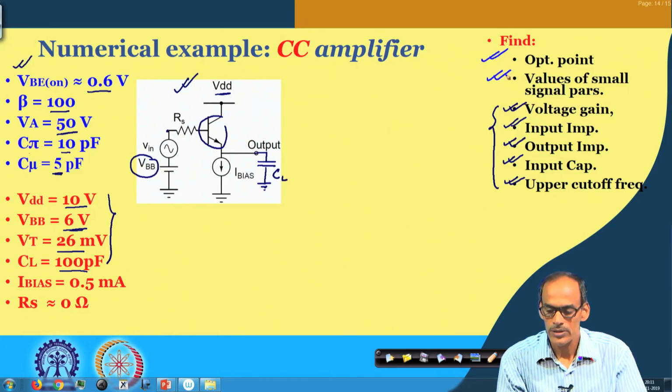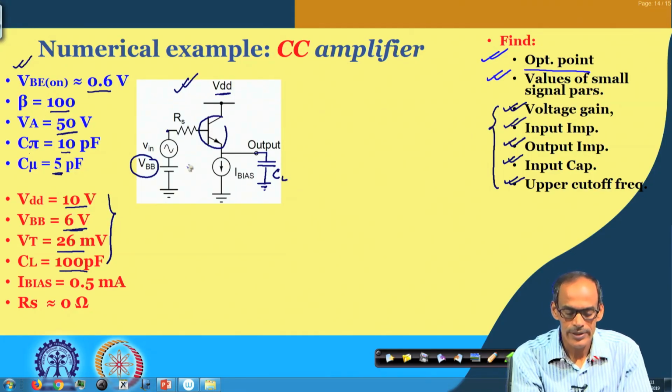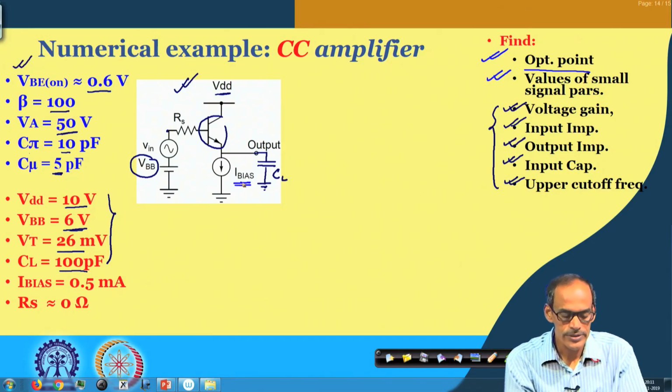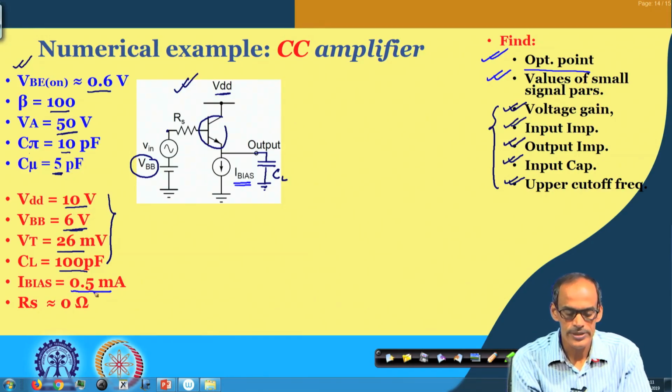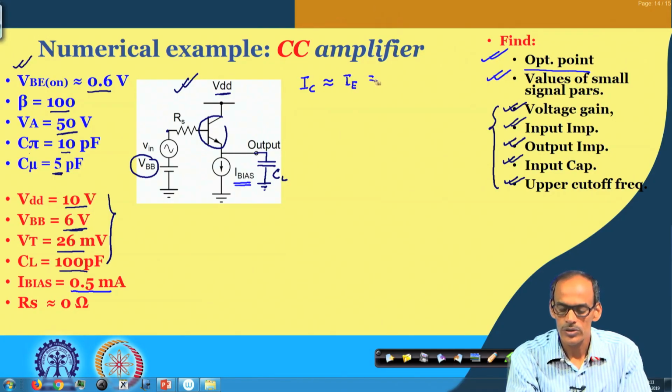So, let me start with the operating point first. If I analyze this circuit, the bias current of 0.5 milliampere is given to us. So, we can say that the collector current is also approximately equal to the emitter current, that is 0.5 milliampere.